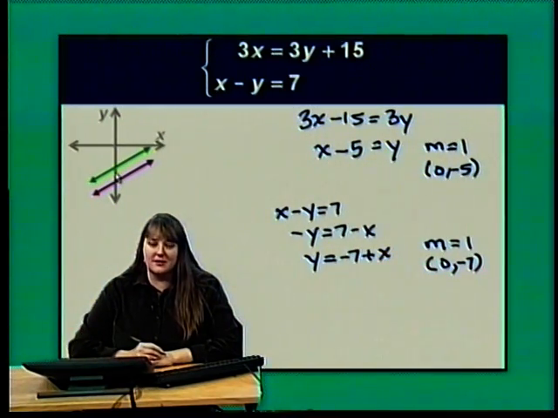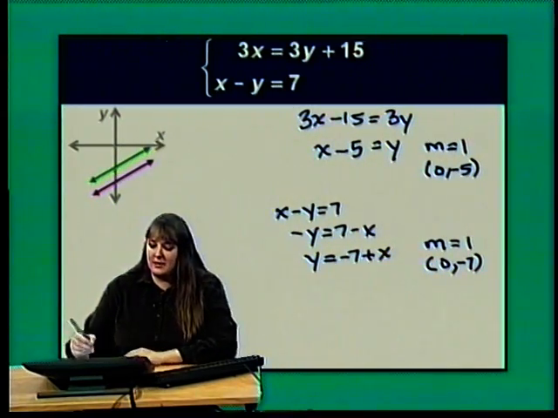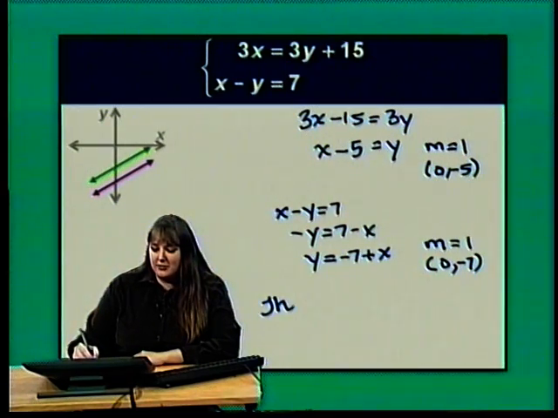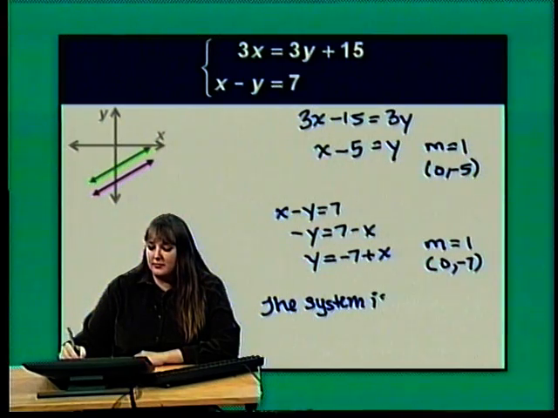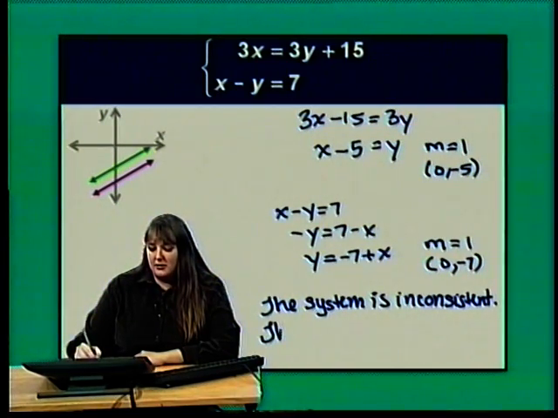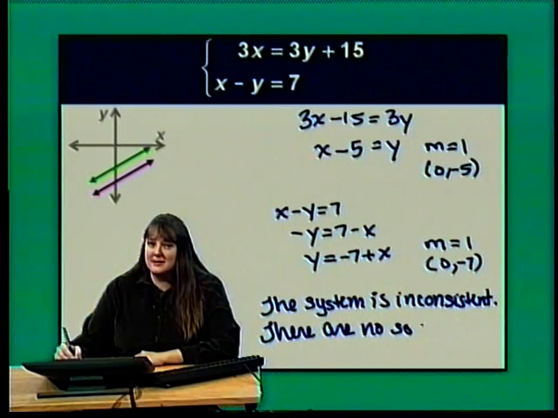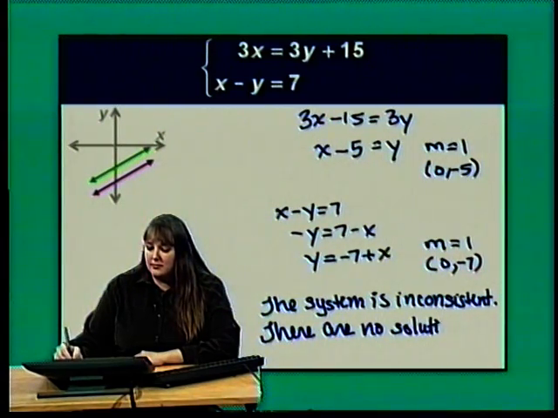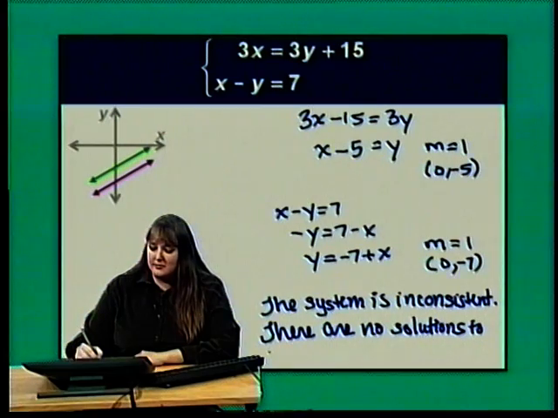They're never going to intersect. So in this case, the system is what we call inconsistent. Which means that there are no solutions. Parallel lines never intersect.